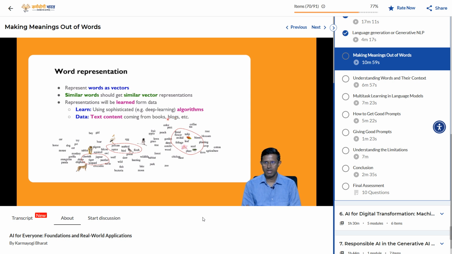And we know that if there are vectors, we can plot them. Suppose there is a two-dimensional plot of those vectors, and here we see that flower, floral, orchid, tulip, foliage, leaf are coming in similar regions, right? So, they are related to each other.